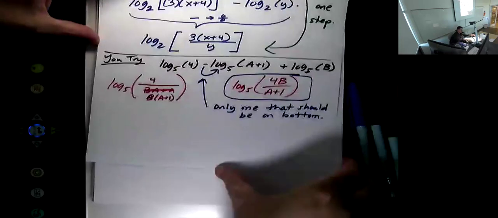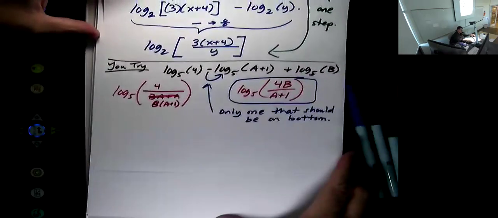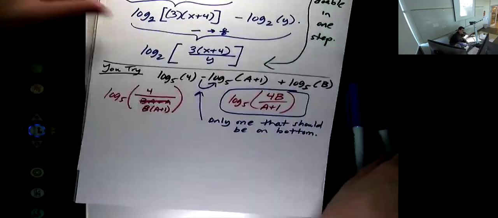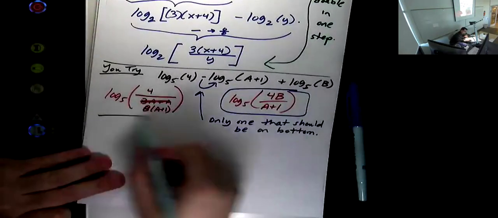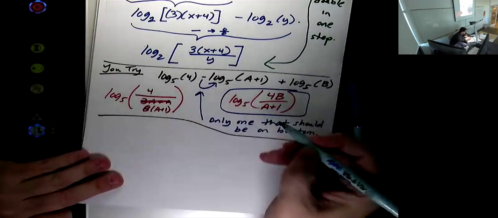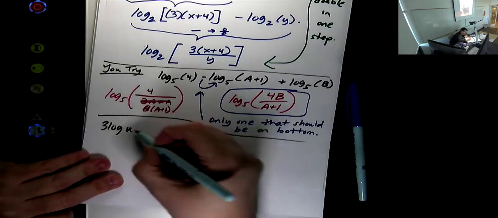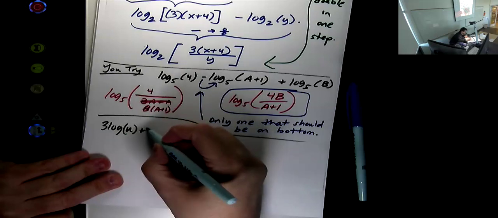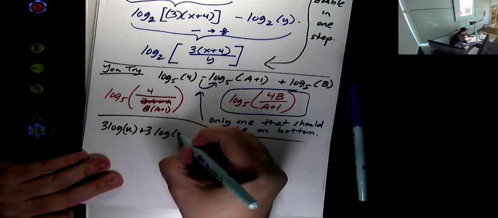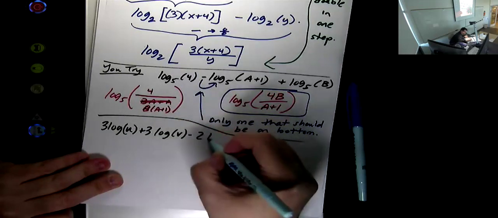Let's take a look at another one. I've got room here, I can do it here. We're going to have 3 log u plus 3 log b minus 2 log w.